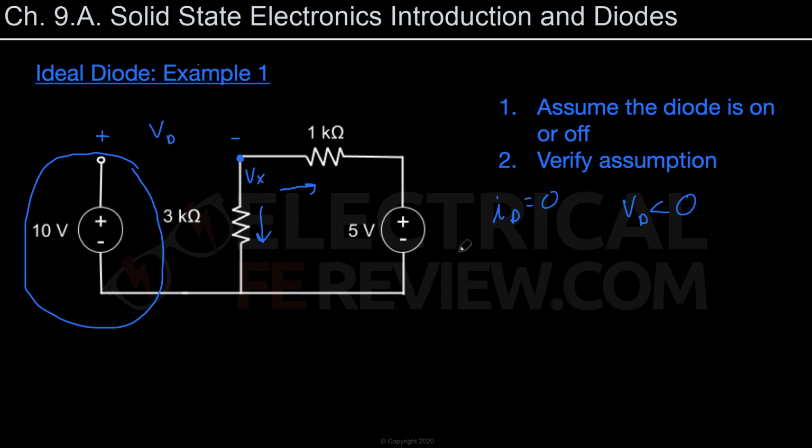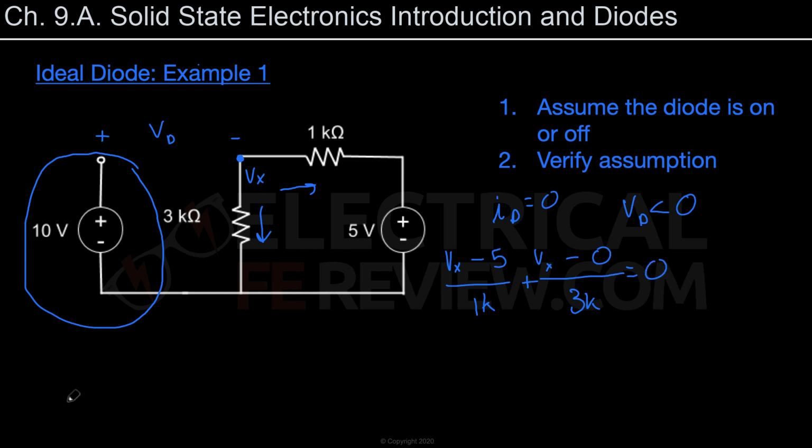So we will see that the equations give us (Vx − 5)/1k + (Vx − 0)/3k = 0.